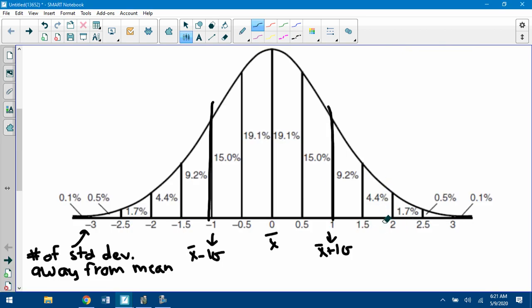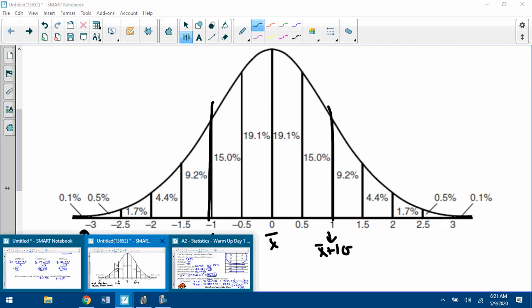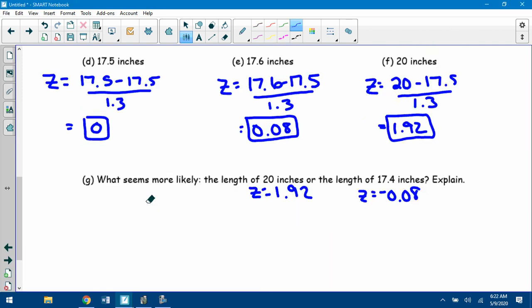Only 4.4% of the data have one that high. But negative 0.08 is right around here, way more data values. Think of this as a histogram. 19.1% of the data is right there. So which one's more likely? 17.4 inches is more likely.